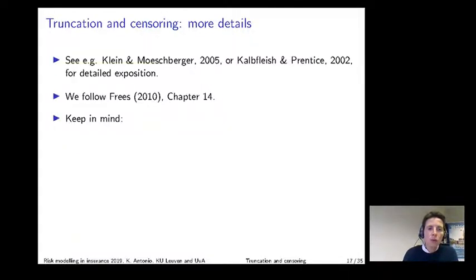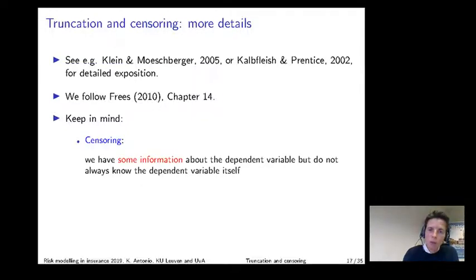So to keep a clear view on the differences between censoring on the one hand and truncation on the other hand, keep in mind that with censoring, we have some information about the dependent variable, that's the outcome variable of interest, but we do not always know the dependent variable itself. For instance, in the disability insurance example, part of the time spent in disability is observed, but this time is not observed in full detail.